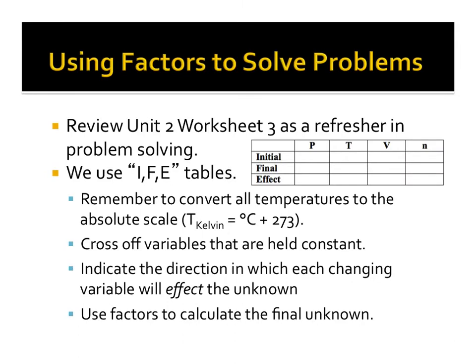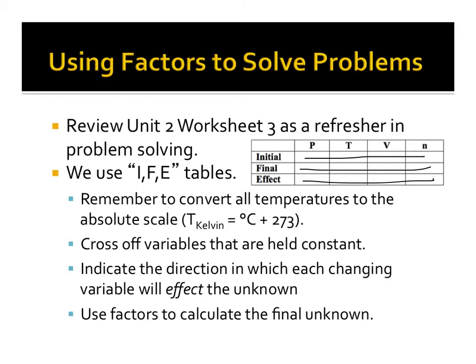And then it's the return of the lovely IFE tables where we have pressure, temperature, volume, and number, and we look at their initial states, their final states, and their effect, and then we can use proportions or ratios to figure out what our new temperatures or pressures or volumes will be.